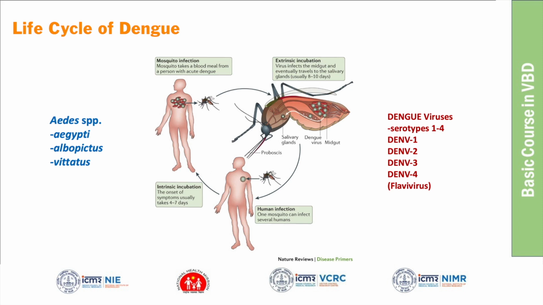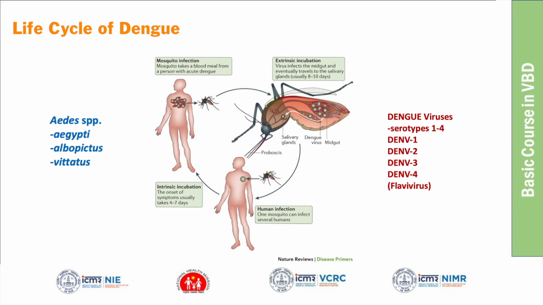This is the life cycle of dengue. Now, dengue is caused by flavivirus, and there are 4 serotypes known: DEN1, DEN2, DEN3, and DEN4. And the transmitting species involved are Aedes aegypti, which is the urban vector, and the sylvatic vector albopictus.